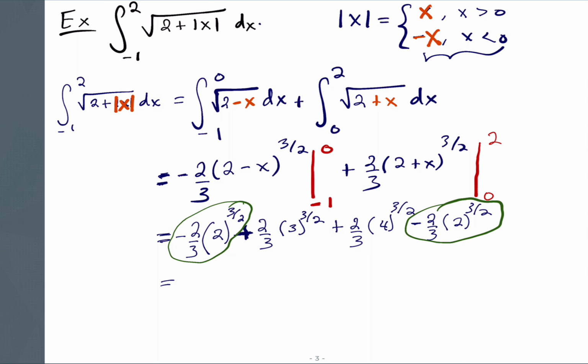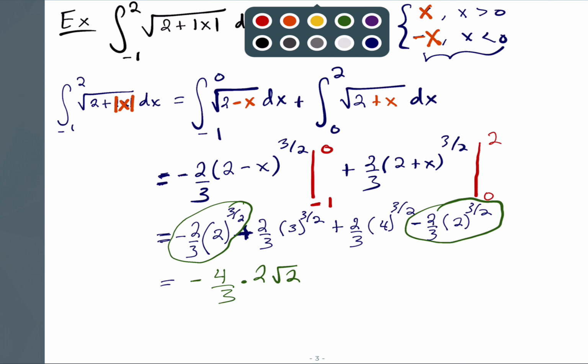So that's going to be minus 4/3 times 2 to the 3/2. Well, what is 2 to the 3/2? I'll just leave it like that. Square root of 8, or 2√2, right? Yeah, I might as well. 2√2. Sound good? 2√2?